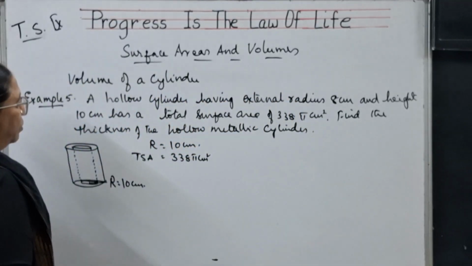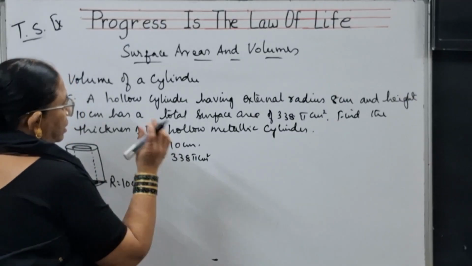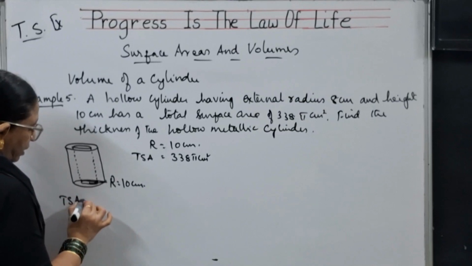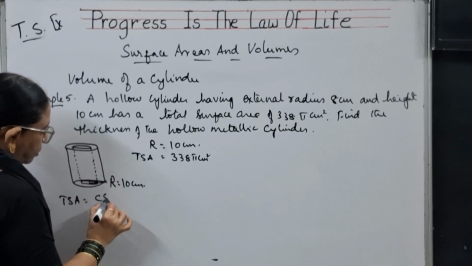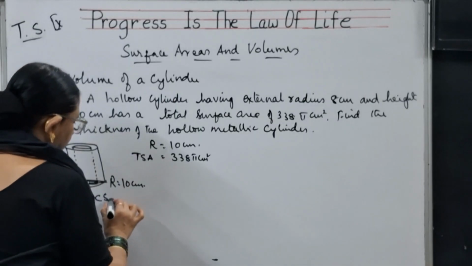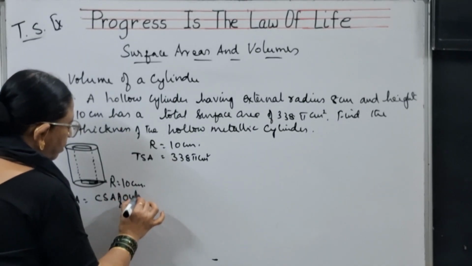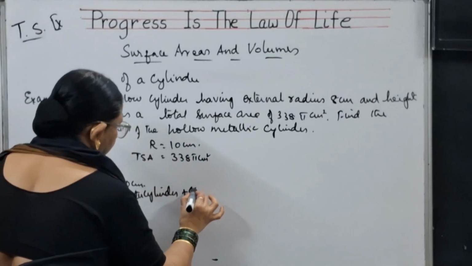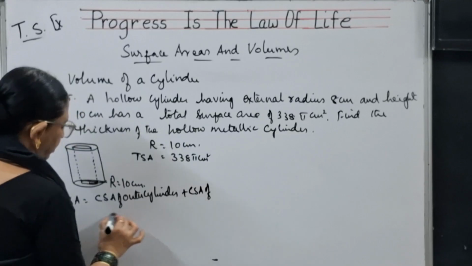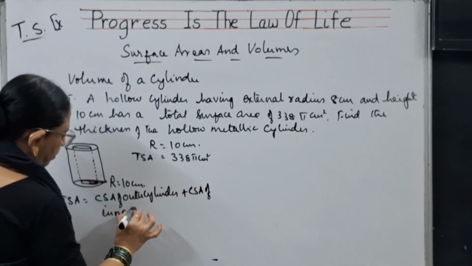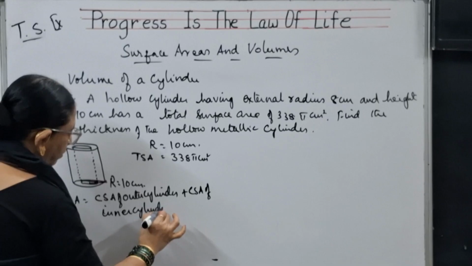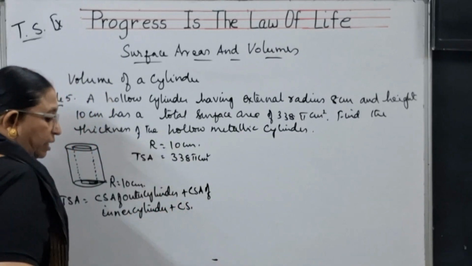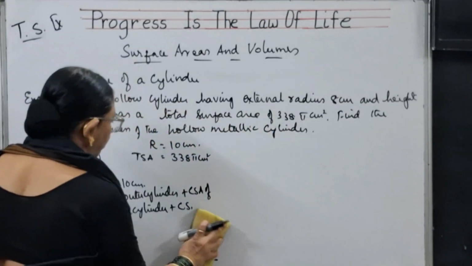Let us see. What is given here? TSA is 338 pi. So what is the formula for TSA? Total surface area is nothing but curved surface area of the outer cylinder plus CSA of the inner cylinder plus area of the ring.